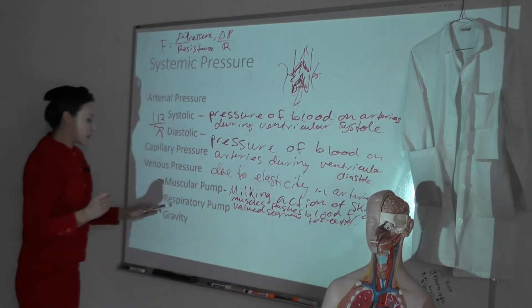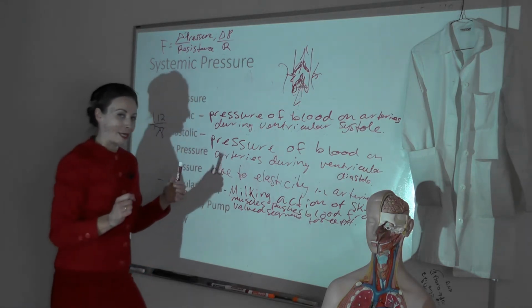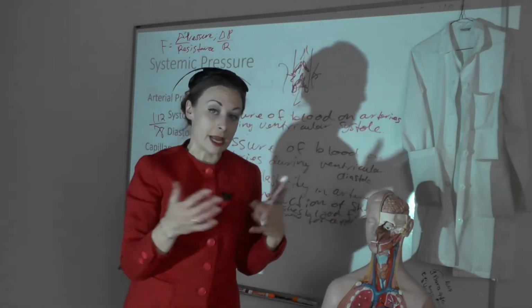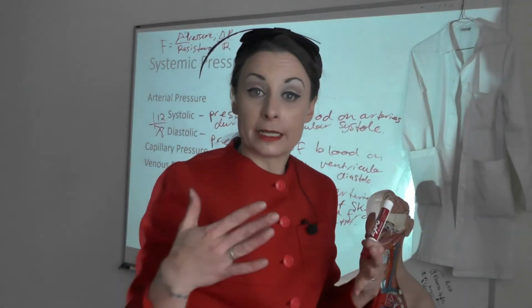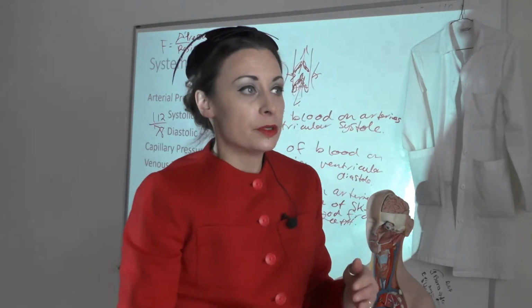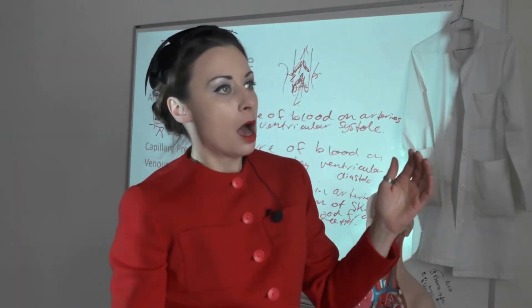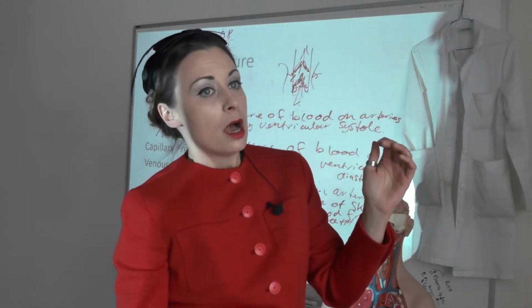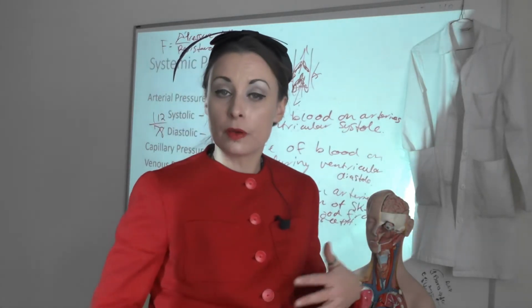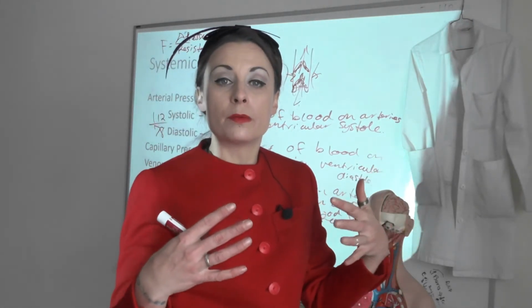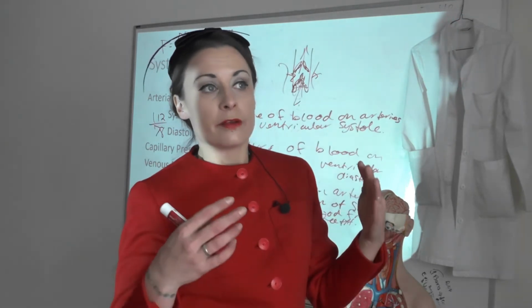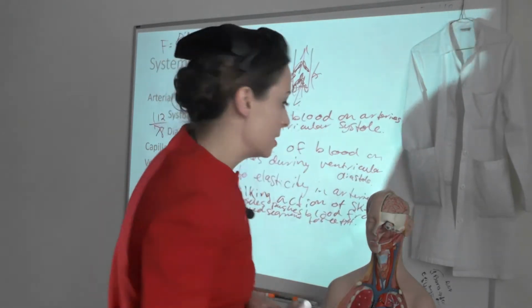Our respiratory pump is also going to do this milking action on our veins, but it's happening in the thoracic cage. As you do inspiration and expiration, there are volume changes in the thorax that also help to milk your venous blood from one valved segment to the next.